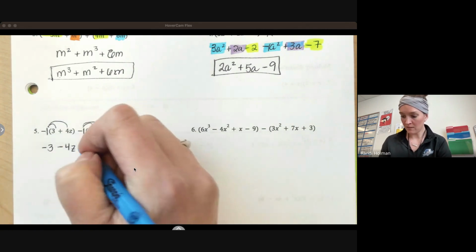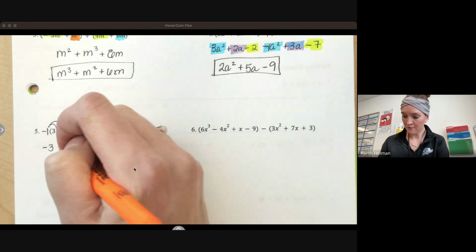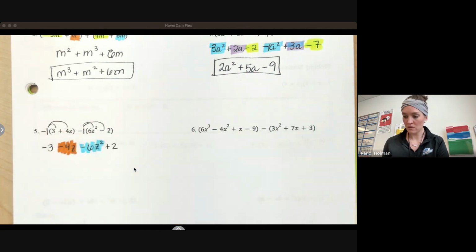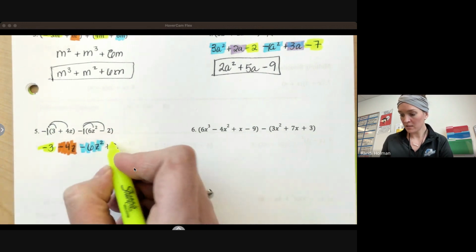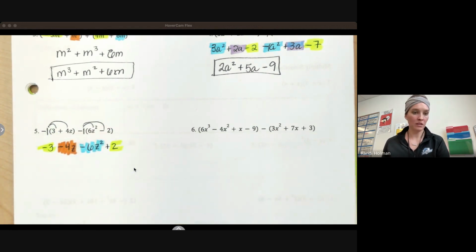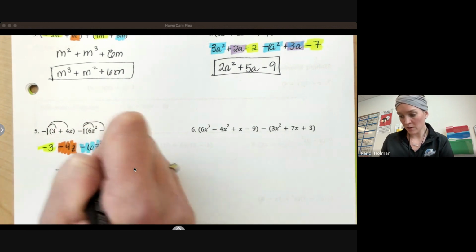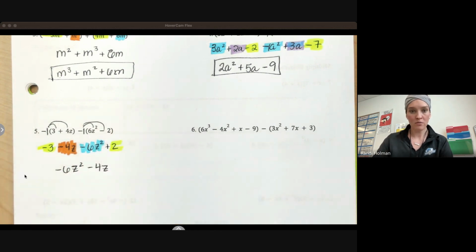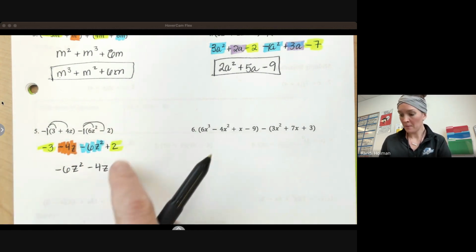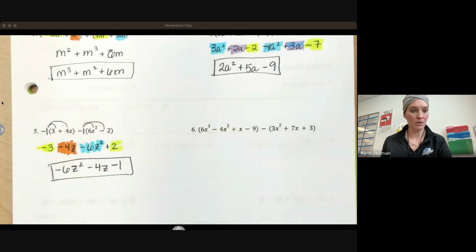Okay, we have -6z squared, -4z, -3, +2. Okay, so the only thing we can combine are those constants there. So I'm just going to put it in standard form as I go here, highest to lowest degree. -3 plus 2 is -1. And then we end up with that quadratic trinomial.